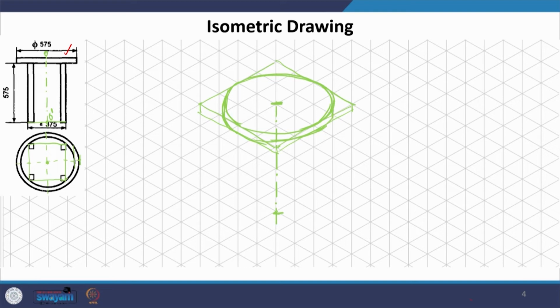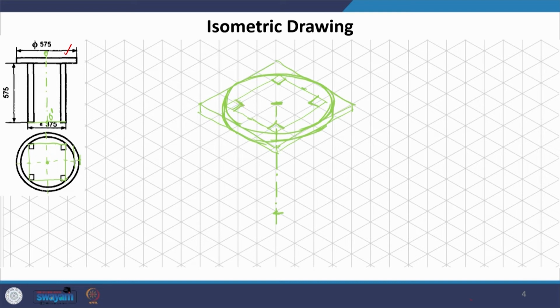Now, in the bottom one, we have to have another square here. Suppose we have a square which is approximately this much, right. So, this is the square that we are talking about, and the corners of this square is where your legs are going to come, legs of the stool.